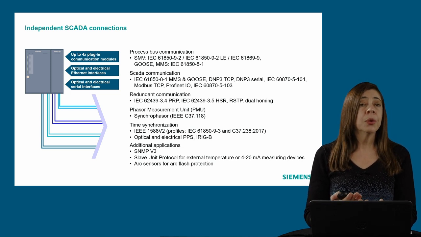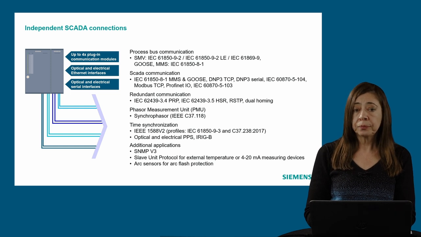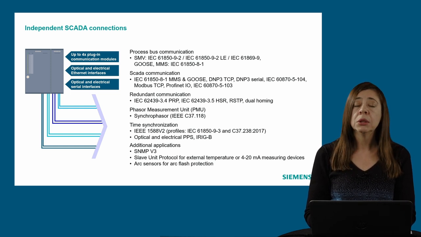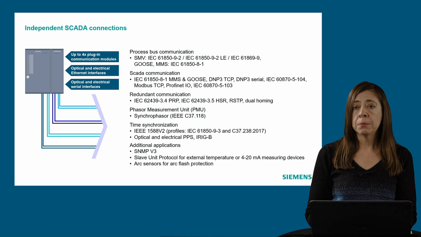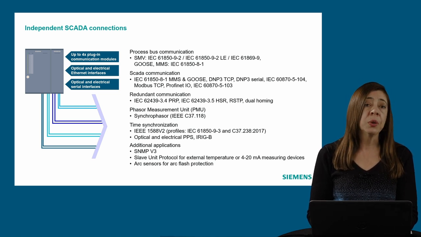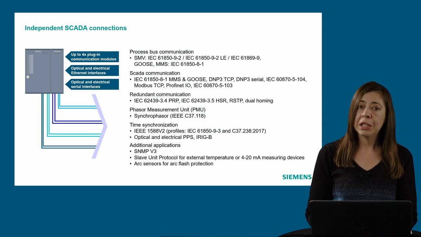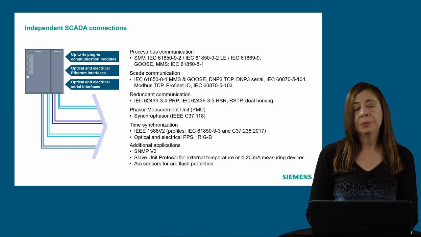You can also use communication modules for a special application as the PMU. And even if you want to have special monitoring features in your network, then you can also enable the SNMP communication in the module as well.